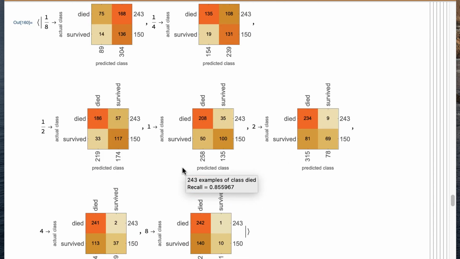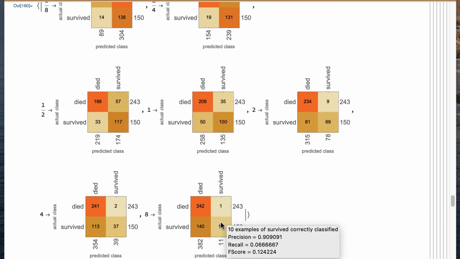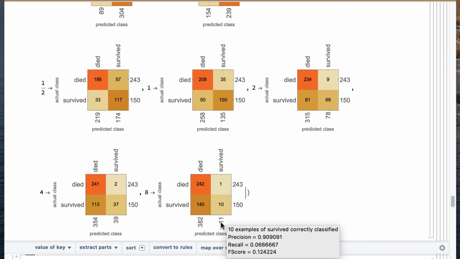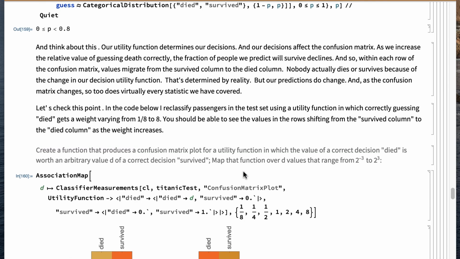And as we keep increasing and increasing, by the time we're up to 8, we're barely predicting that anybody survives, because we get so much value from predicting deaths correctly that if we lose a few survives, it's not such a big deal.